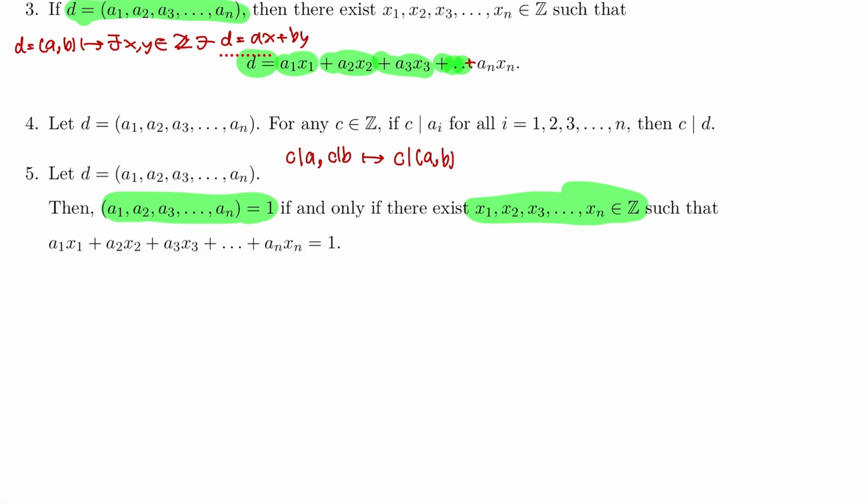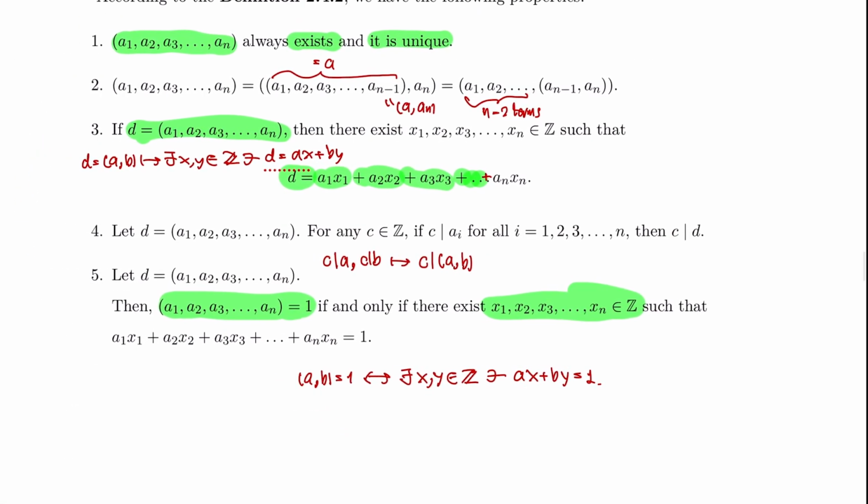Just like what we have in this one, if you have greatest common divisor of a and b equals 1, you can have x and y, which are integers, such that ax plus by equals 1.